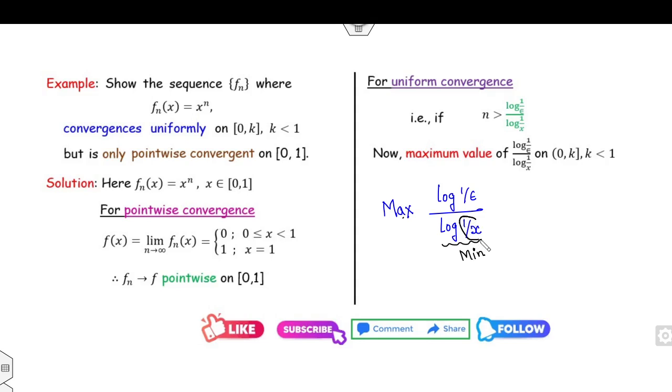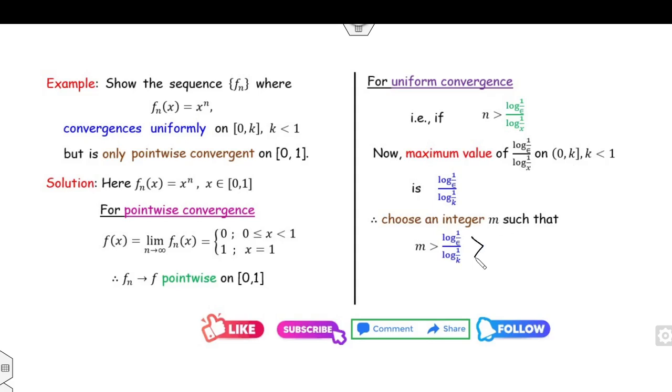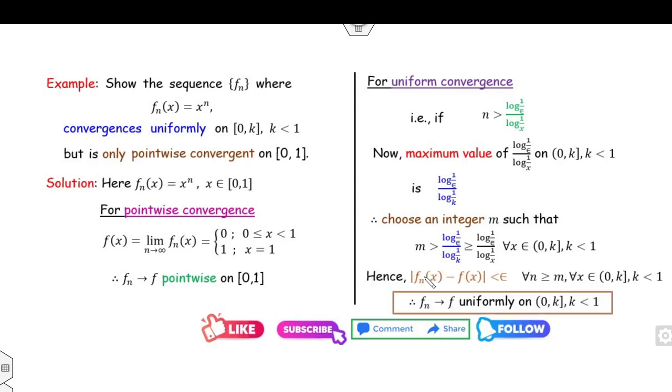But again because of the 1 over x, this number will be maximum. So what is the maximum value of this? It is k. So hence I can say the maximum value is log 1 over epsilon divided by log 1 over k. Definitely k is not 1, because k equal to 1 is the case 1. Because this is the maximum value of this quantity, I can write this number. Hence f_n converges to f uniformly on all those intervals which do not contain 1.